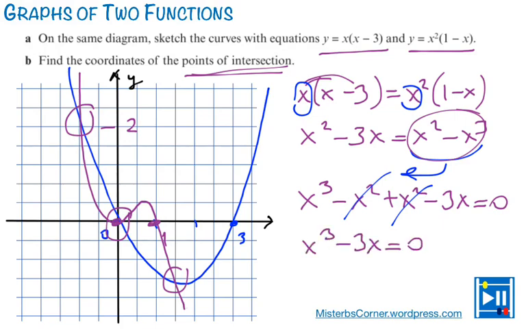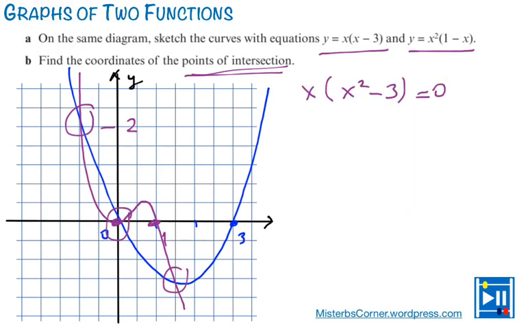Now, here, I can take x out, and I'm going to end up with x squared minus 3, right? And x squared minus 3 can further be factorized to x times (x minus root 3)(x plus root 3), as if it's difference of squares, right?